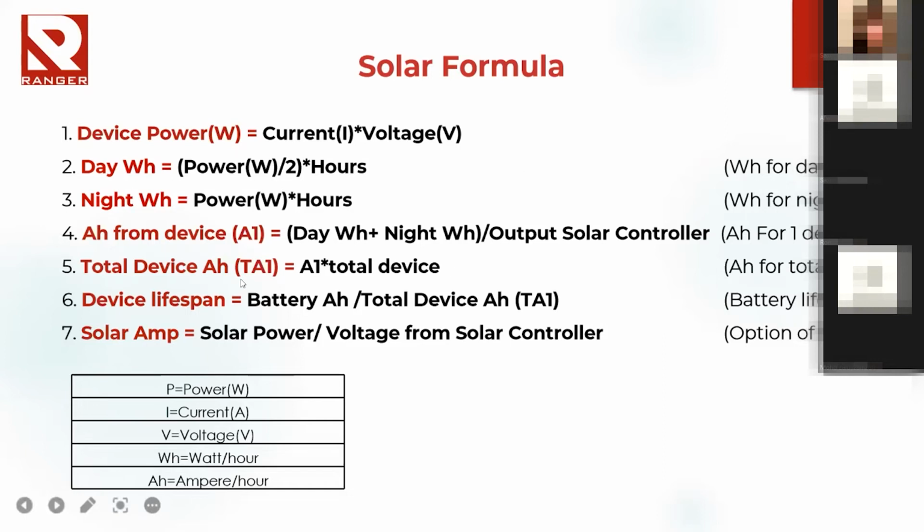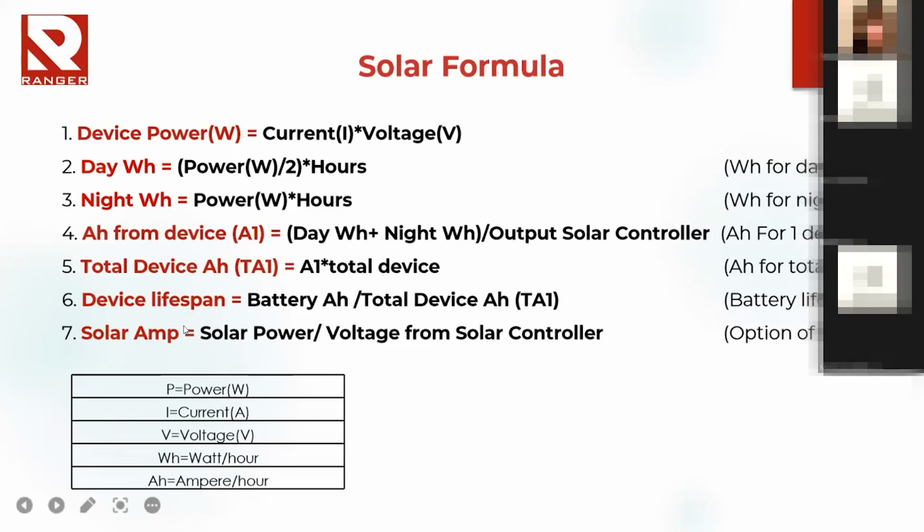Okay, if you are using one device, you can just get the device lifespan, which is, for example, battery 100 AH divided by the device AH, so you will get the device lifespan, for example, 1 day or 2 days.